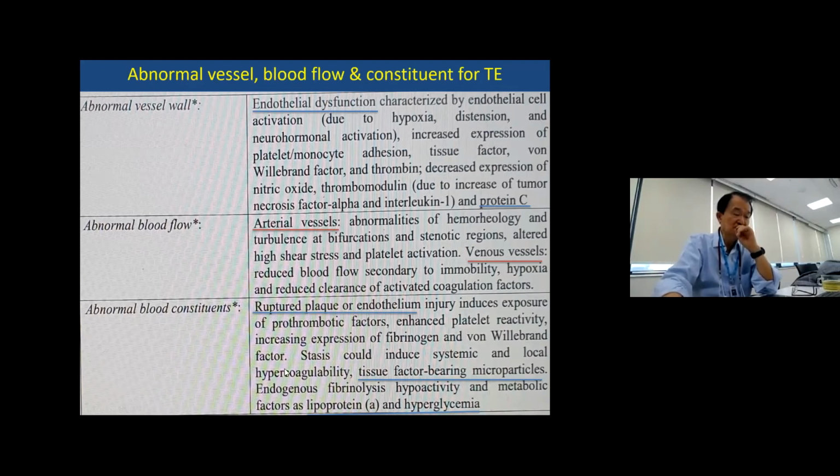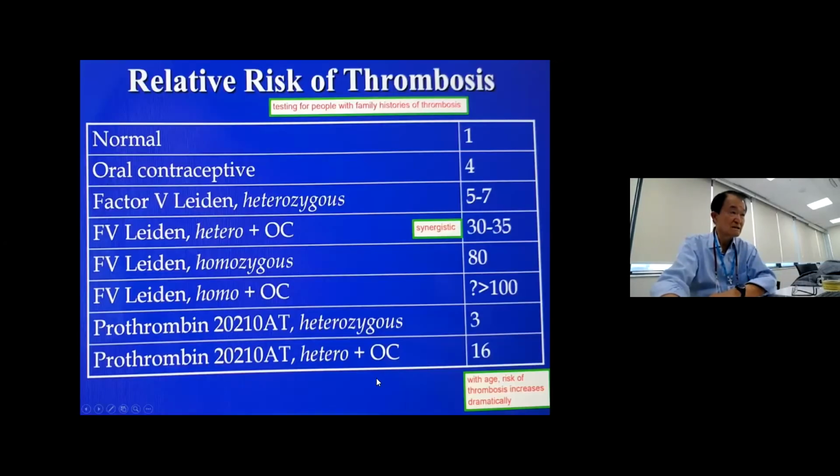And then ruptured plaque or endothelium induce a lot of factors contributing to all this blood clot. So there's a relative risk. Oral contraceptive is a 4, but other factors, these are all contributing to a thromboembolic process. We have a lot here.